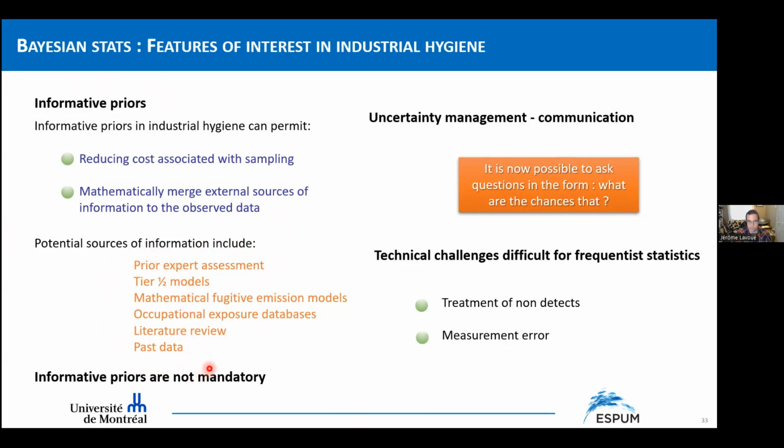So for example, at University of Montreal, we have a prototype model where there's a data set of silica measurements in the construction industry created from the literature that creates a prior exposure assessment for specific tasks.